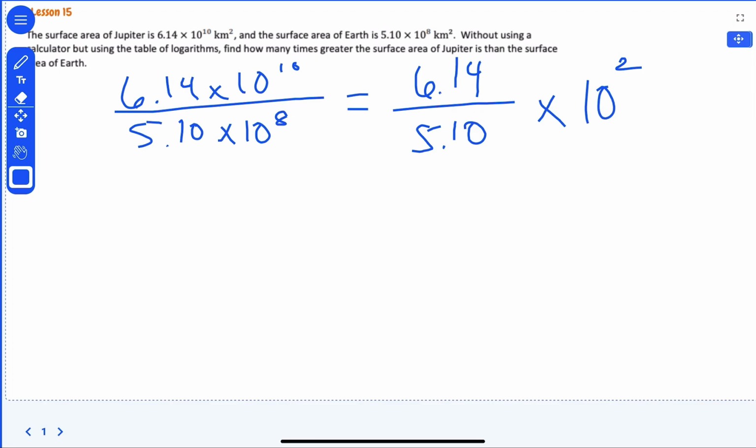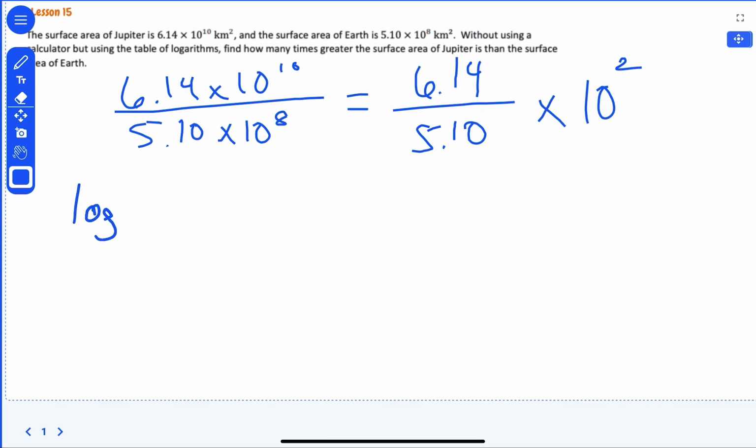You got to be deciding right now, are we going to natural log this or regular log this? What would we do and why? Regular log it. Why? Because it's a base 10, right? We love base 10s because we can regular log them. So let's do that.